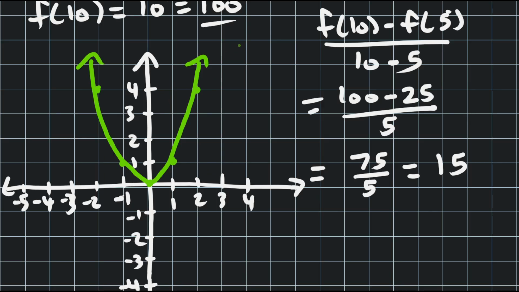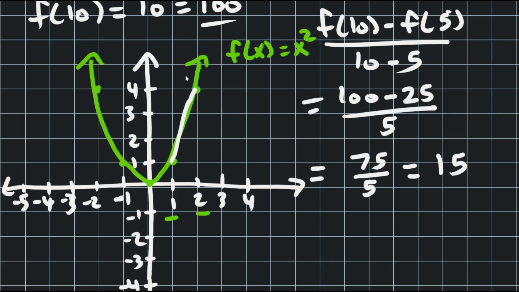So that's our parabola, f of x equals x squared. Now the average rate of change between 1 and 2, as we saw, was 3. So if we drew a line here between 1 and 2, the slope of this line would be 3.